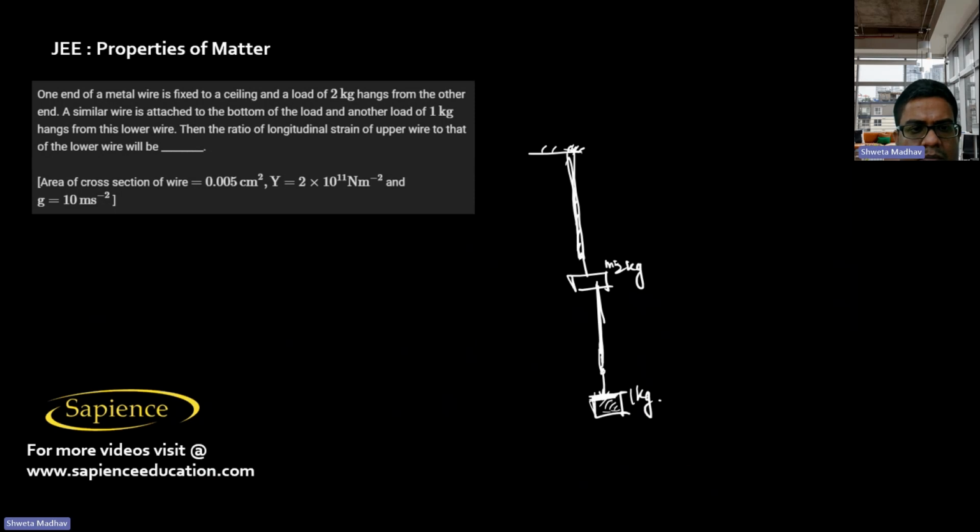Similar wire is attached to the bottom of the load, and another load of 1 kg hangs from this lower wire. The ratio of the longitudinal strain of the upper wire to that of the lower wire will be.